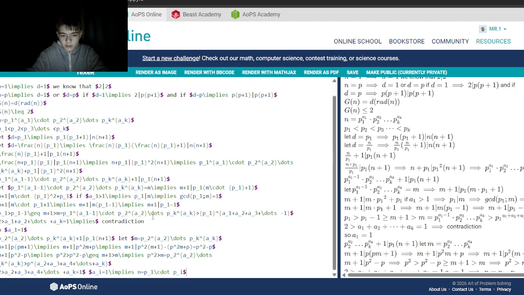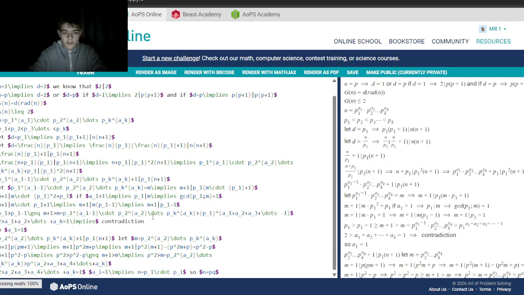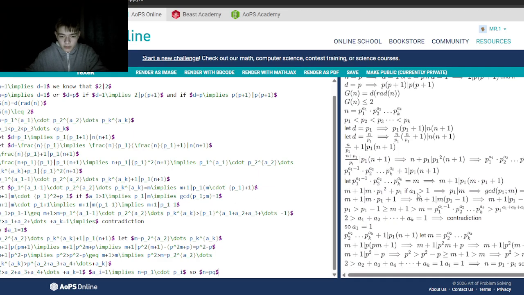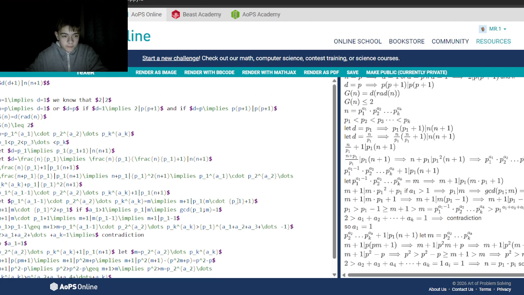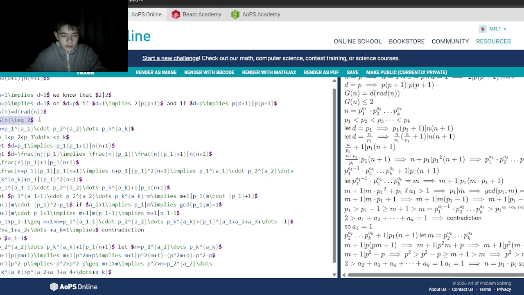So let's just write that n is equal to pq. Okay, and that's what we wanted. Actually, we wanted that the number of different prime divisors of n was less than or equal to 2.